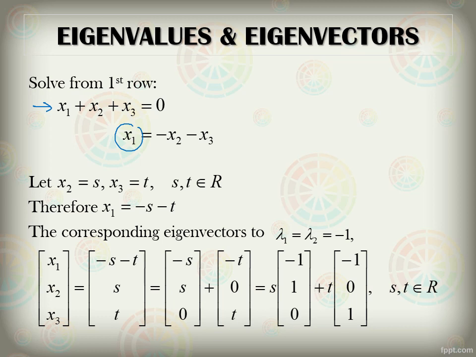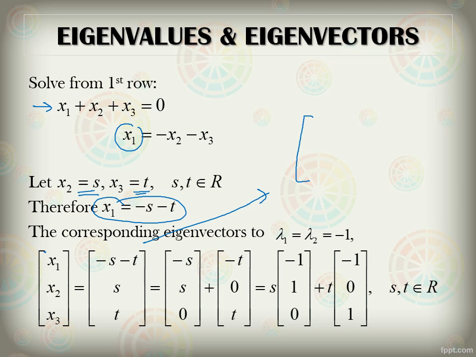What is our x1? Our x1 is this: minus s minus t, and we define our x2 equal to s. Substitute here, and our x3 we let equal to t. Here we can separate this into two vectors, s with s, t with t.